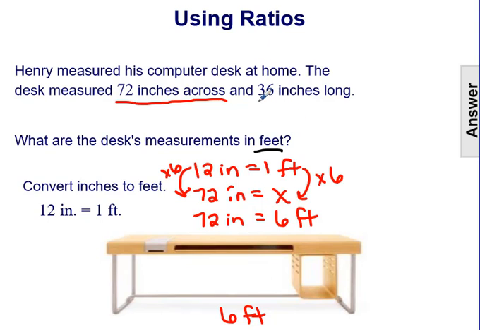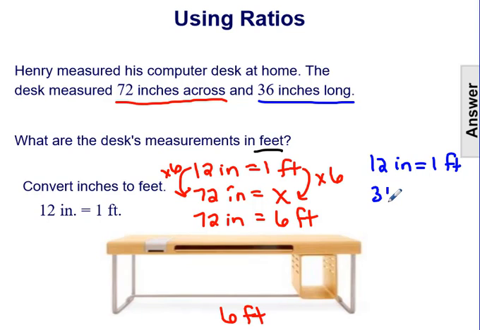Now let's look at length. Let's look at 36 inches long. Well, it depends on your perspective what your length versus your width is, but it isn't specific. But this across is 6 feet. Now let's look at the length. So we've got 36 inches long. So again, we know the same unit rate, 12 inches equals 1 foot.